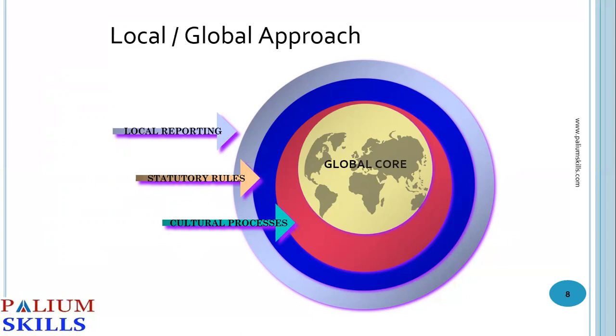So each country has its own set of rules, regulations, and customization requirements, local statutory rules and all that. Just like we have GST, UK has VAT, or US has sales tax, and other countries like China, Japan, Germany, France, they all have their own set of local rules and regulations.